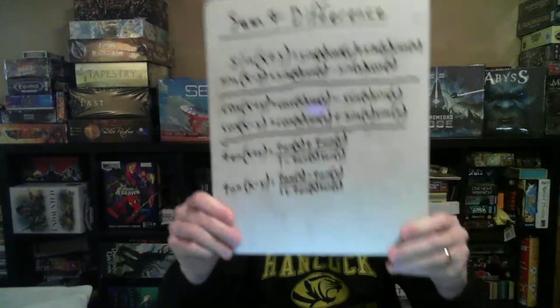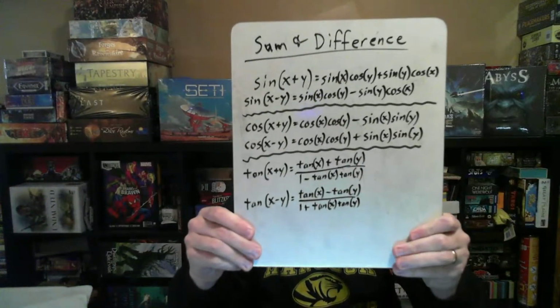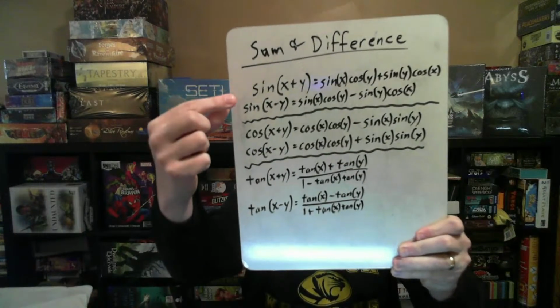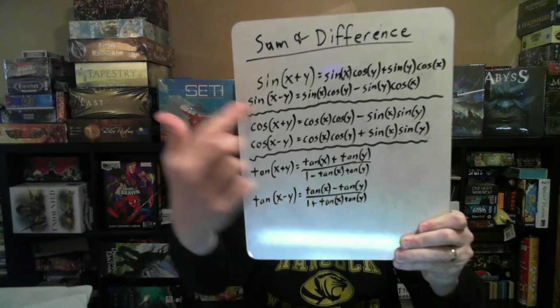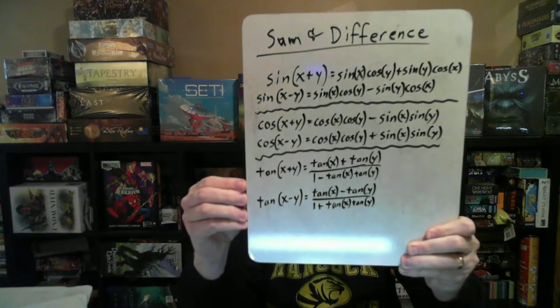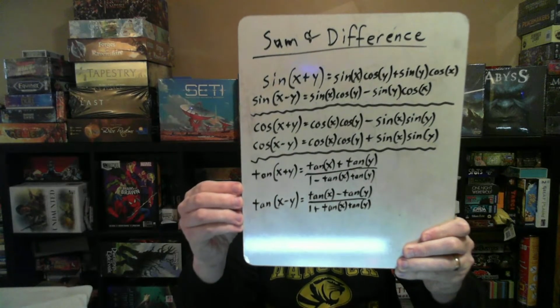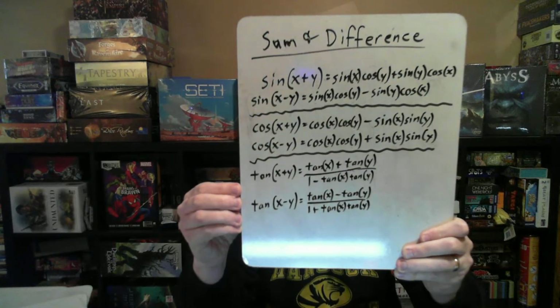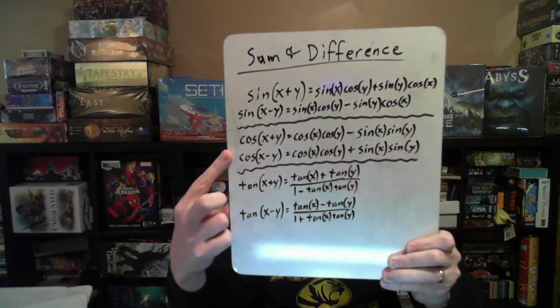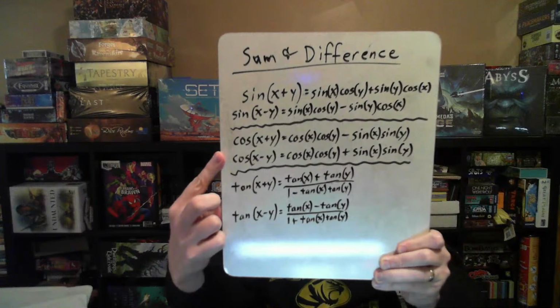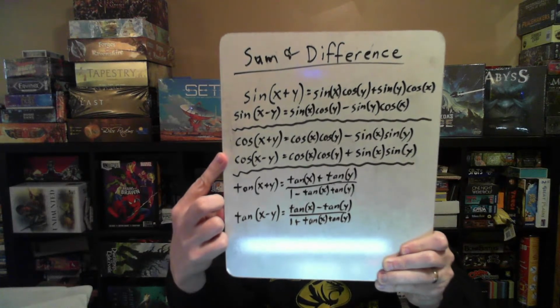Now, as we look at some of these formulas, hopefully, as you wrote them down, you saw some similarities. Right here with our sine sum and difference formulas, you can see really the only thing that changes is that sign in the middle. When it's x plus y, it was plus. When it was x minus y, it was minus. When we look at cosine right here, you can see when it was plus, we had a minus in there.